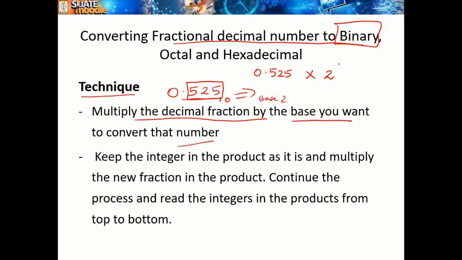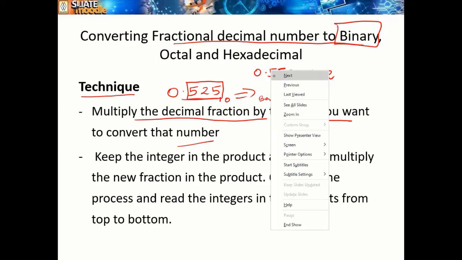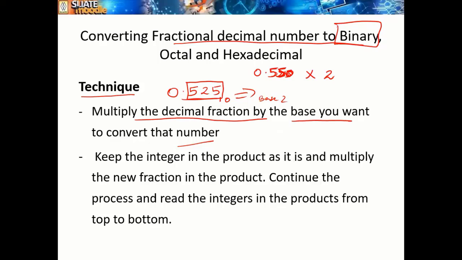If you multiply this, how much will you get? For simplicity, I make it like this: 0.55. Now we multiply this by 2, and we get 1.1. Correct or wrong? 0.55 multiplied by 2 gives 1.1.